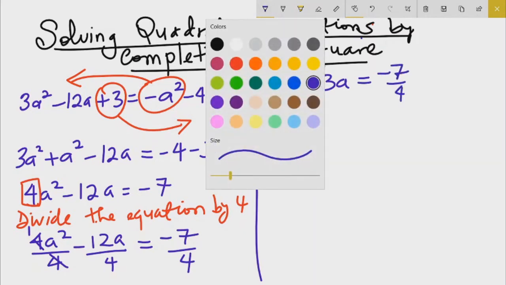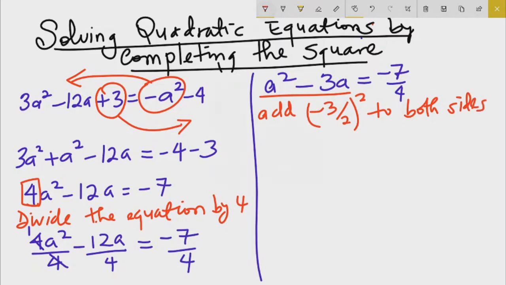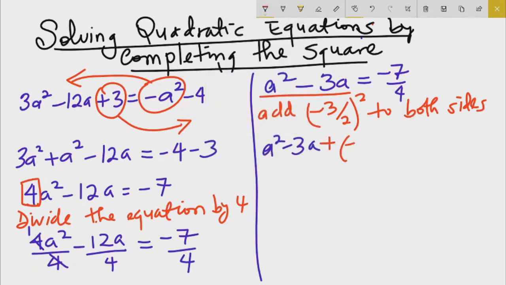Now we want to complete the square for the left side. So we need to add (-3/2)² to both sides. Okay, so that means we are going to be left with a² - 3a + (-3/2)² = -7/4 + (-3/2)², because whatever you do to the left, you do to the right.